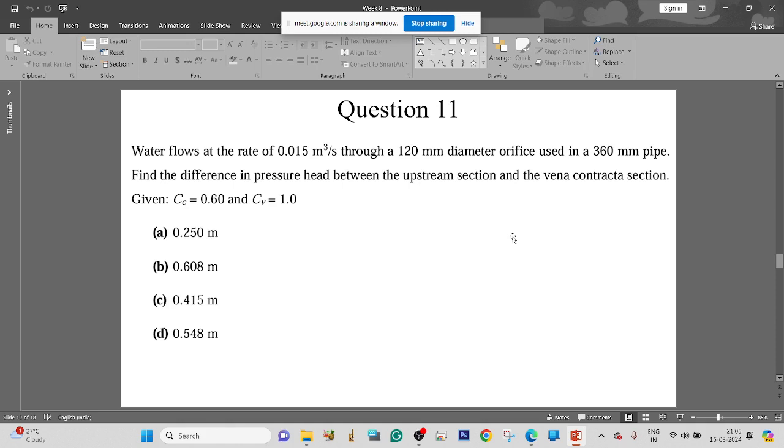Okay, so I'll give you 2 minutes to solve this. I think it's very easy to solve this one, right? So let's wait for 1 minute and then we'll solve the solution.